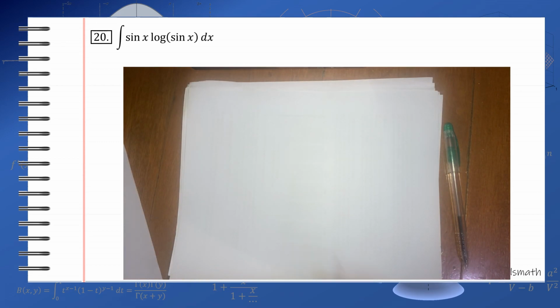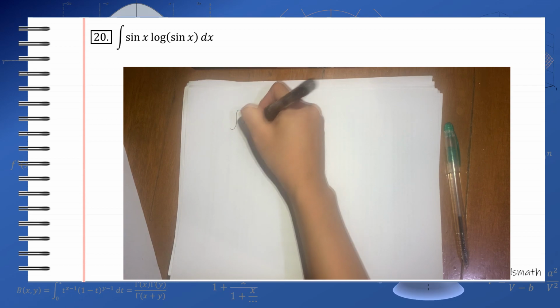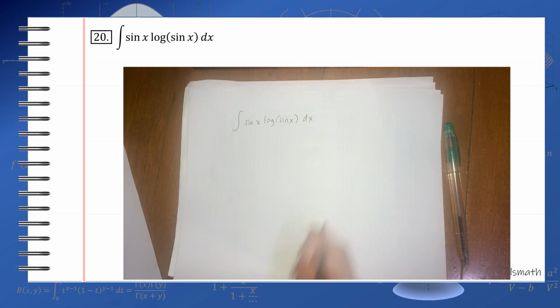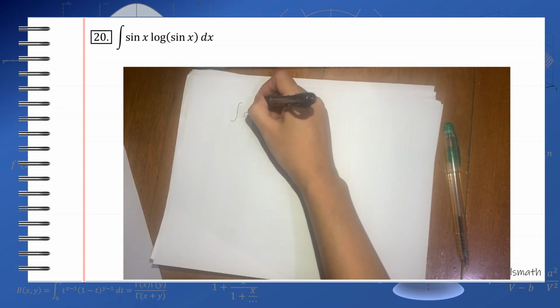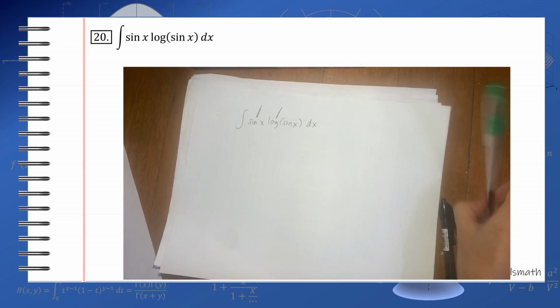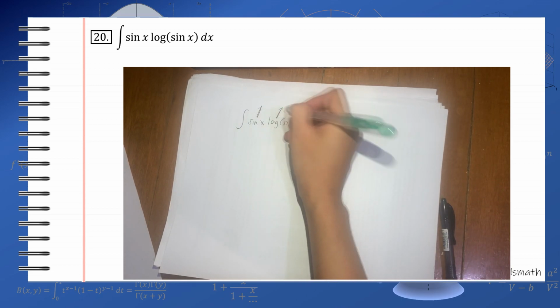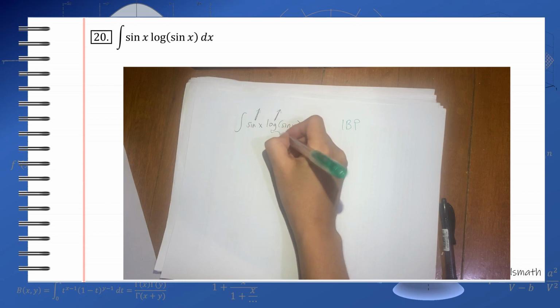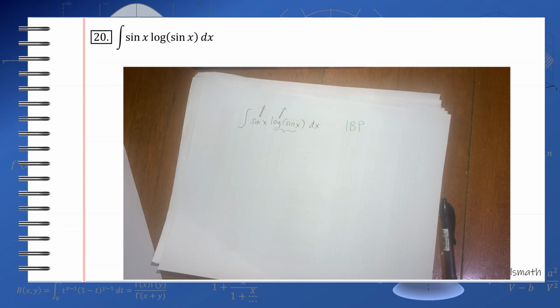Item number 20. We have the integral of sine x log sine x dx. You have a trigonometric function here. You have a logarithmic function here. So these are perfect hints to use integration by parts. Of course, we'll choose this as the u because we can't integrate that.